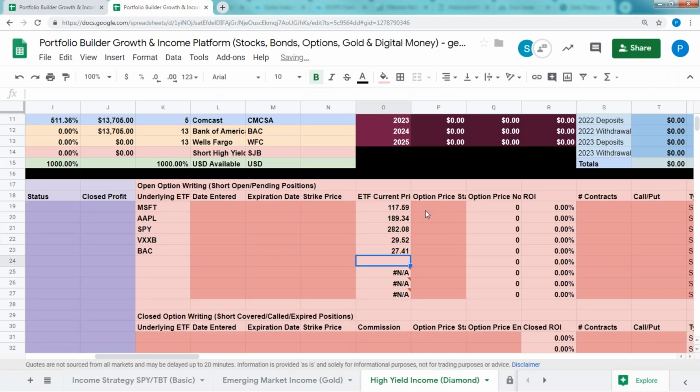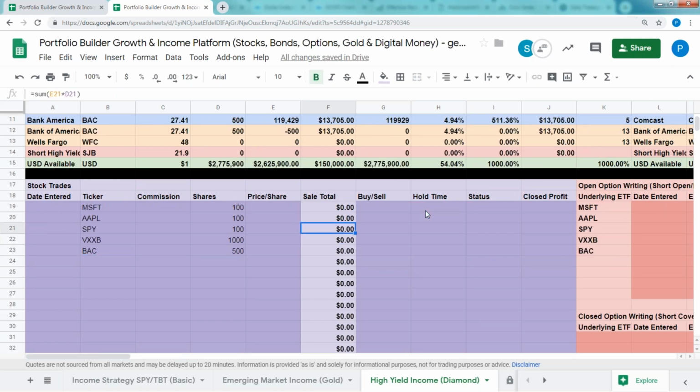As far as entering the initial price, do you have a price per share? Yeah, I can run through those real fast. Apple, I just bought that today, 189.07. I'm just going alphabetical. BAC is 27.31.